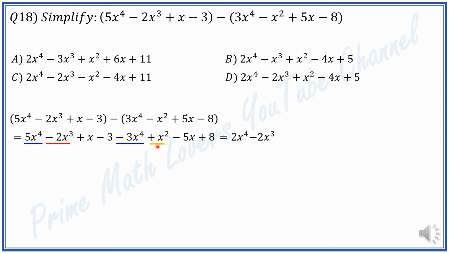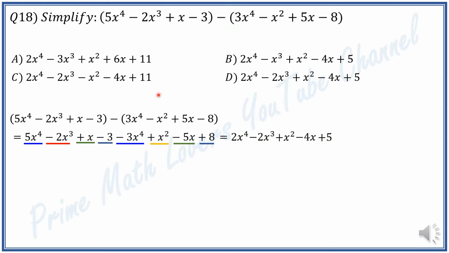We have only one x squared, so it is plus x squared. We have plus x here and negative 5x here. The result is minus 4x. Negative 3 plus positive 8 will be positive 5.